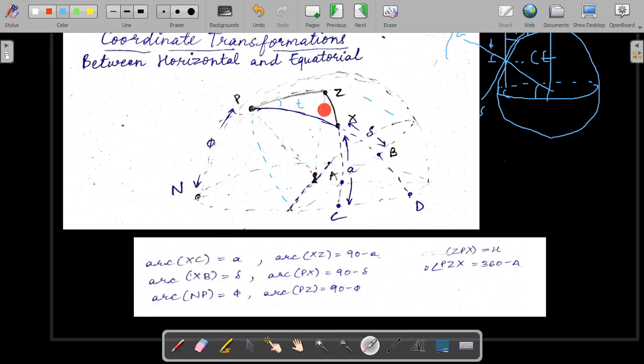And this angle ZPX is 360 minus the azimuth, because as I told you in the previous lecture, the azimuth is measured clockwise from north. If you're viewing this from the top, it should be 360 minus A. This angle is PZX, and ZPX is just the hour angle, T or H, however you want to represent it.